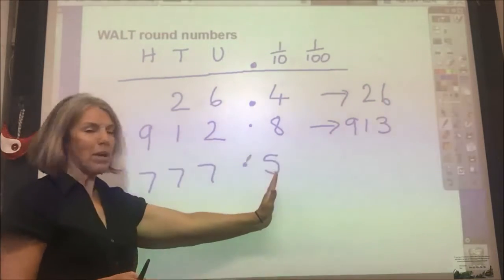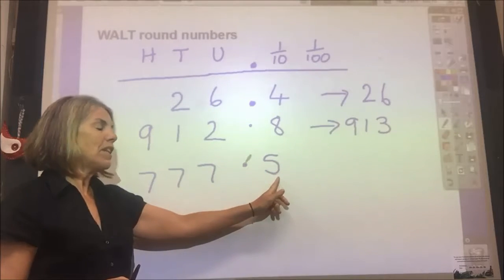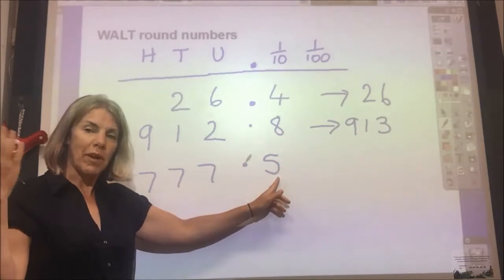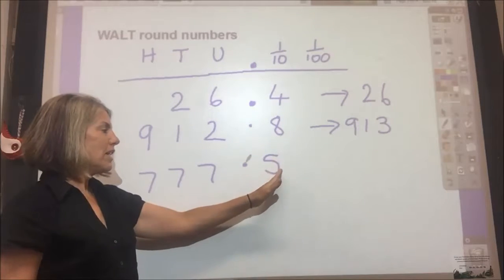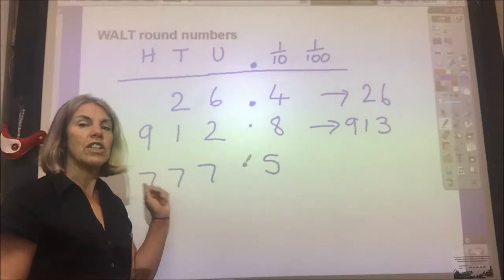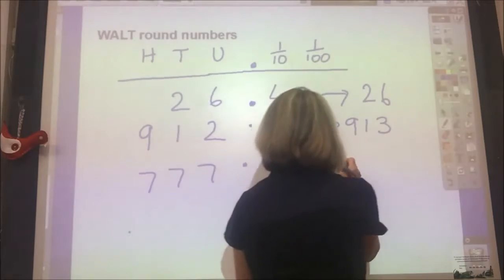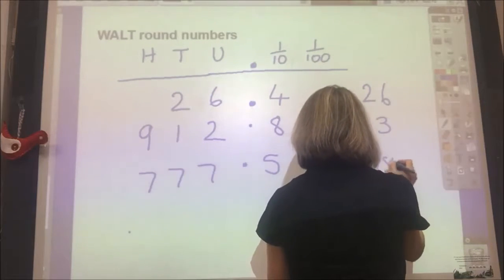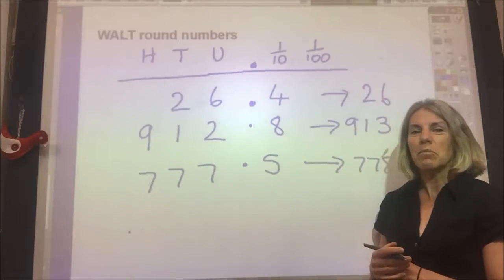So go one space to the right, we're looking at this 5 and we're saying if this is 5 or above, we're going up, 4 or below, sticking with our existing number. It's the 5, so we're going to take 777 to 778 when rounded to the nearest whole number. I hope that makes sense. I'm just going to move out of the way so you can see the number.